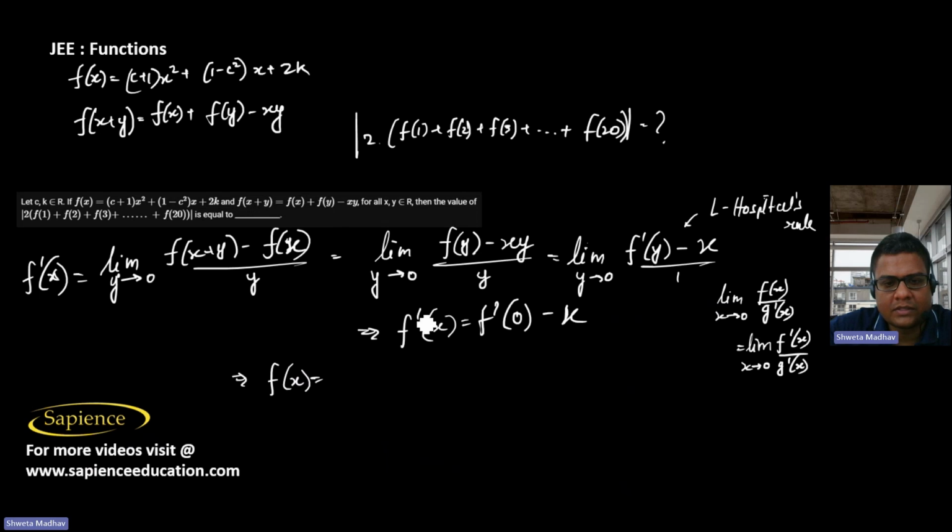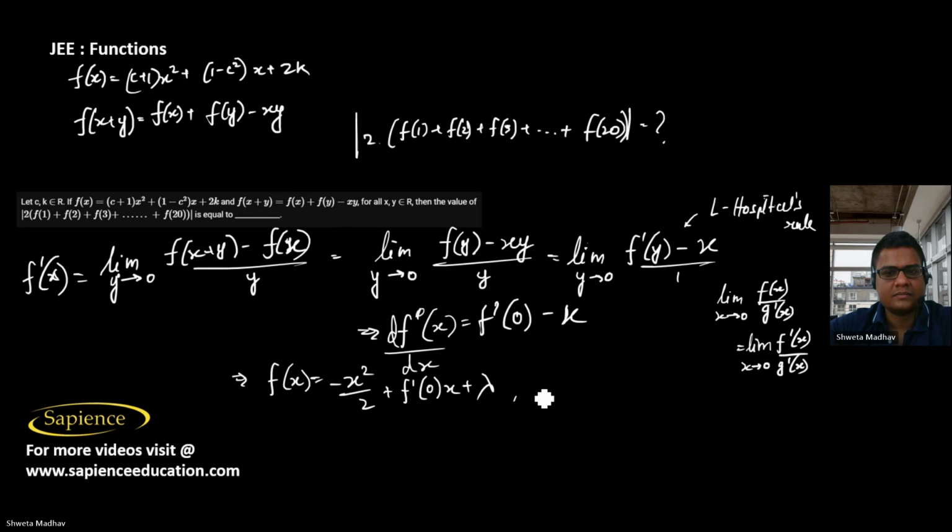So we can write this as df x by dx, so then if we integrate this, then we will get minus x square by 2 plus f dash 0 into x plus some constant, that is lambda. And here it should be 0 by 0 form only. So it means that f of 0 should be equal to 0 only.